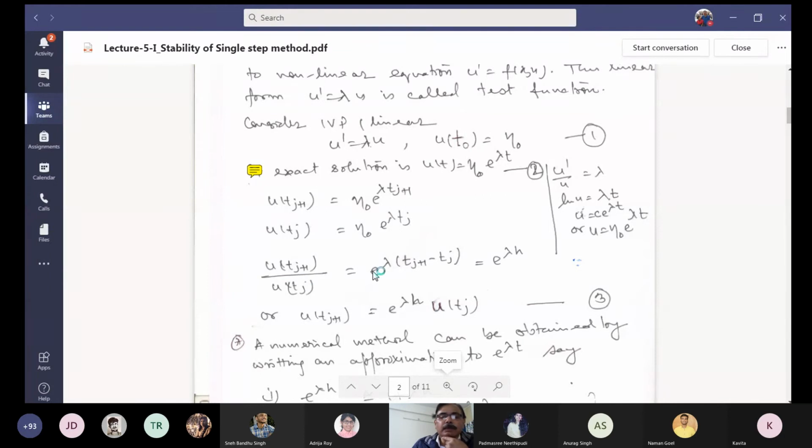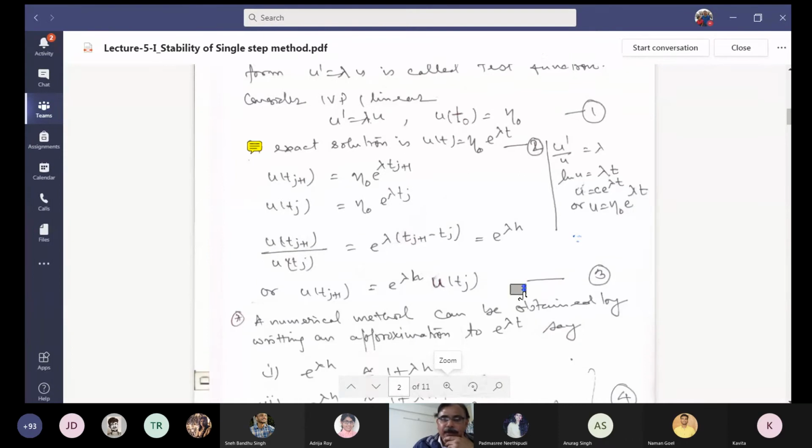So this will be exponential to power lambda times t j plus 1 minus t j, that is the step length, that is h. So it is e to power lambda h, or we can say that u(t j plus 1) equals e to power lambda h times u(t j). Is that correct? Yes, sir.